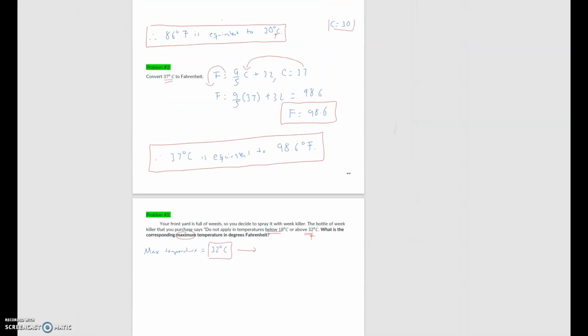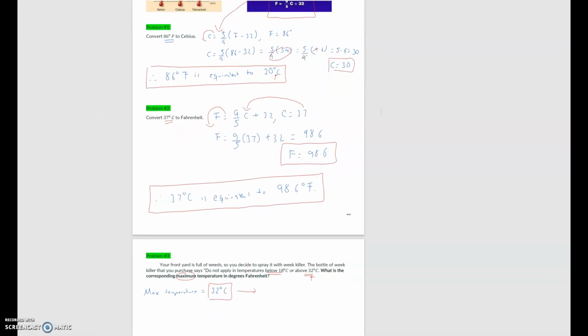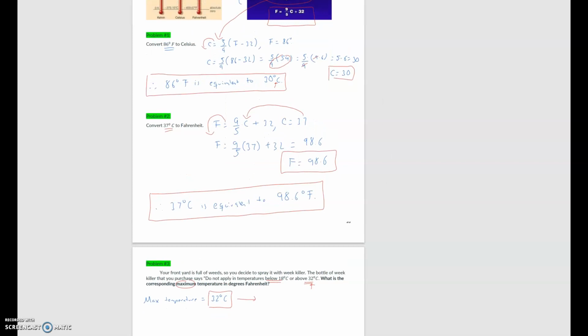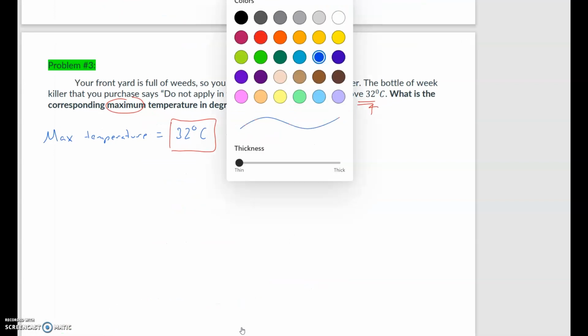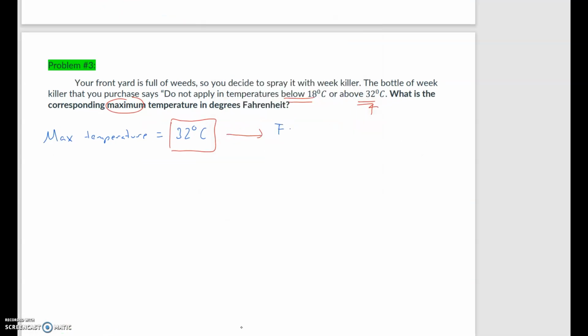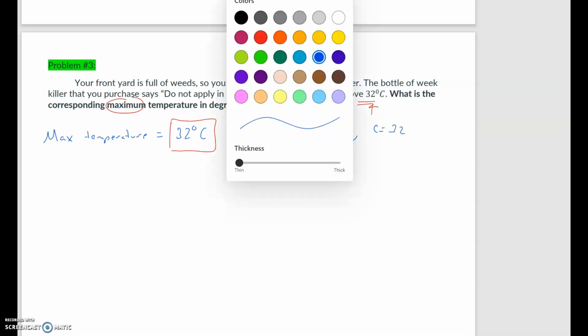So let me just show the formula again. This will be 9/5 times C plus 32. So Fahrenheit, F is equal to 9/5 times C plus 32. And then for C, we're going to be punching in the value of 32 for this one.